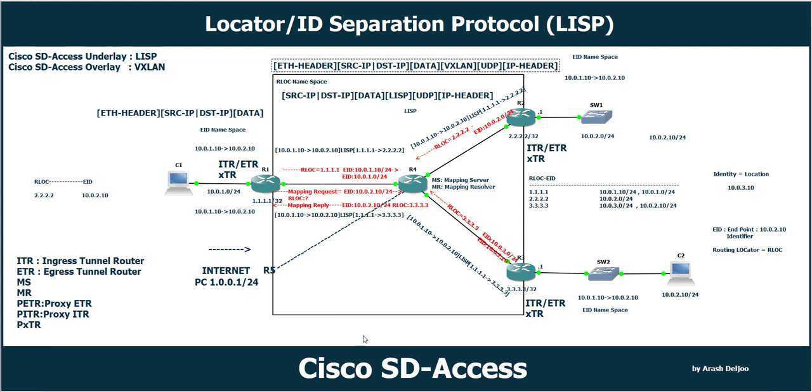I will explain VXLAN and the details of LISP encapsulation in the next video in more detail. But for now, let me inform you: if you want to implement the SD-Access network, you use LISP for the control plane.